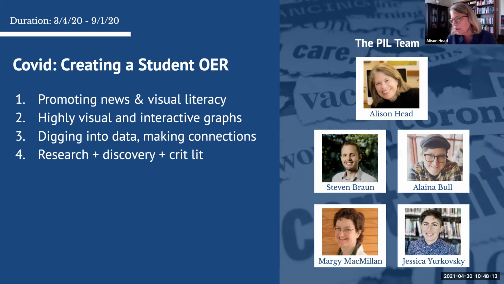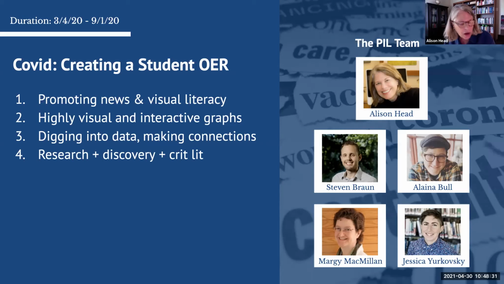What we wanted to do was create an OER that faculty could start using. And we're finding faculty are just beginning to use this, as well as librarians. It takes a long time for PIL research and resources to be picked up and to be used.